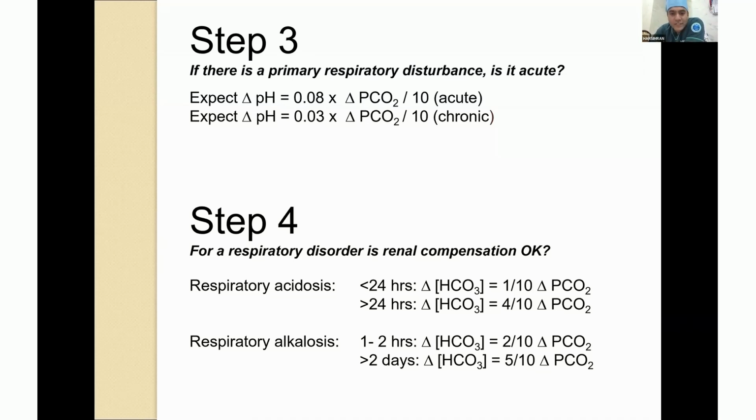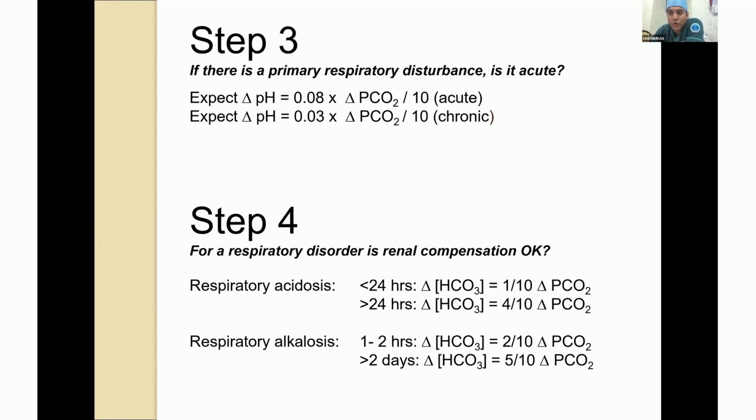In an acute respiratory disorder, that is within 24 hours, the renal compensation will be slow. It will be 1 change in bicarbonate for every 10 change in PCO2. For chronic, that is more than 24 hours, for every 10 change in PCO2 there will be a 4 change in bicarbonate.